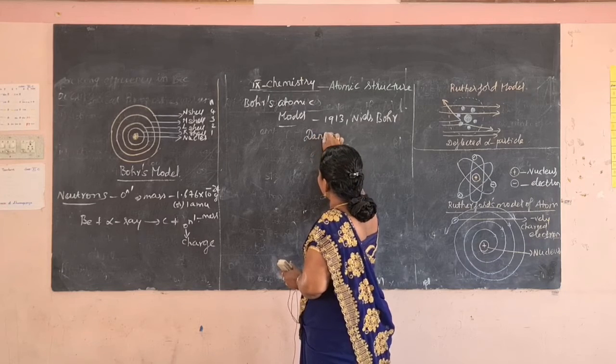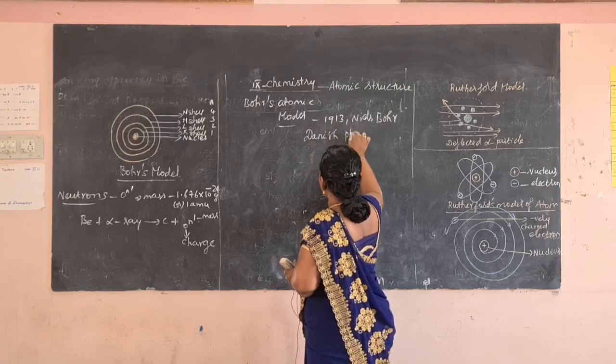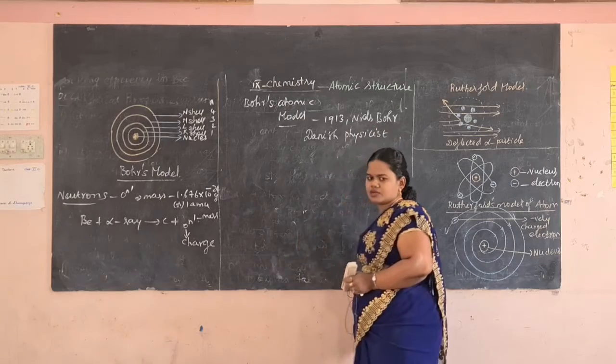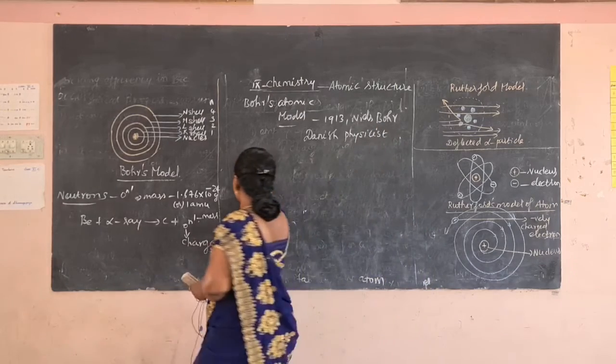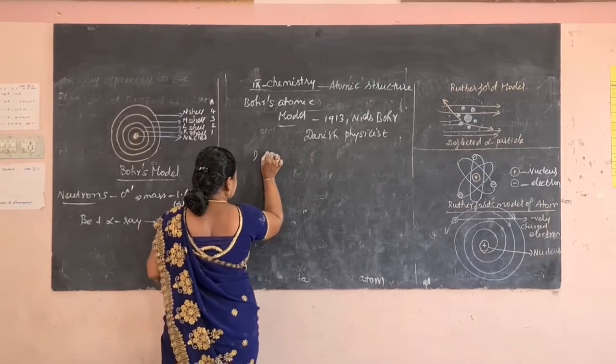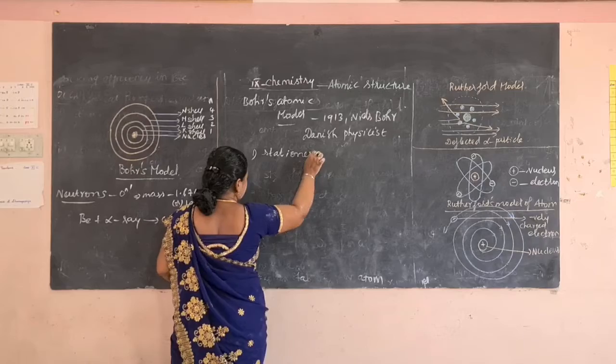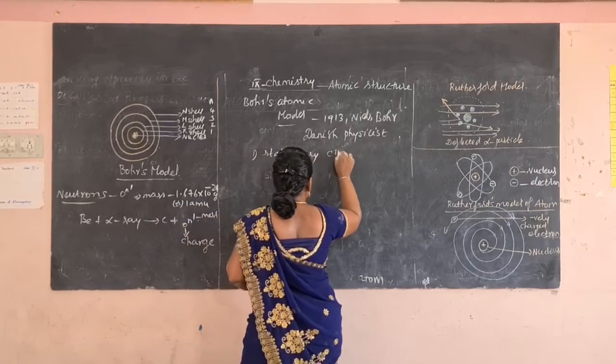Niels Bohr, Danish physicist, explained the stability of the atom and he gave some postulates, that is, the electrons are revolving in stationary circular path called orbits.